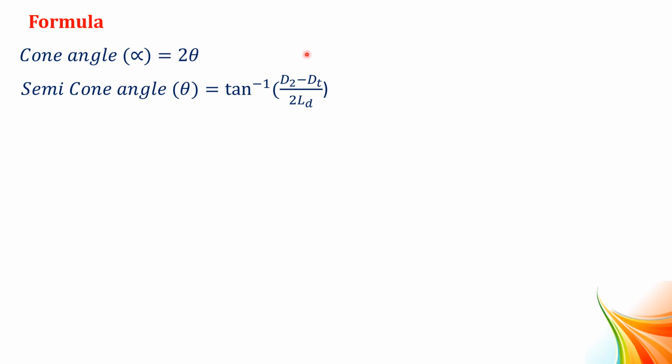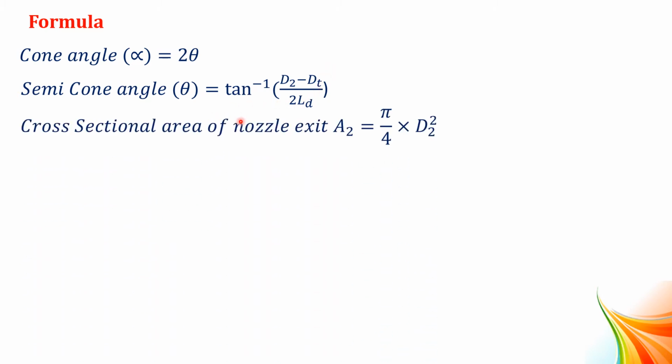Here d2 is the exit diameter of the nozzle, dt is the diameter of the throat section, and Ld is the length of the diverging part. The length of the diverging part is given in the problem. We have to find out the diameters d2 and dt, then we can find out theta.